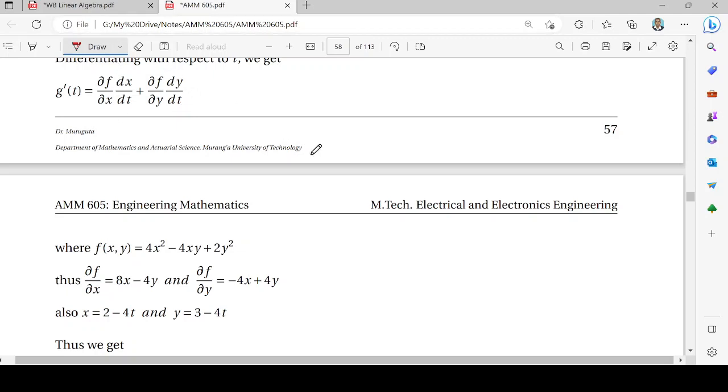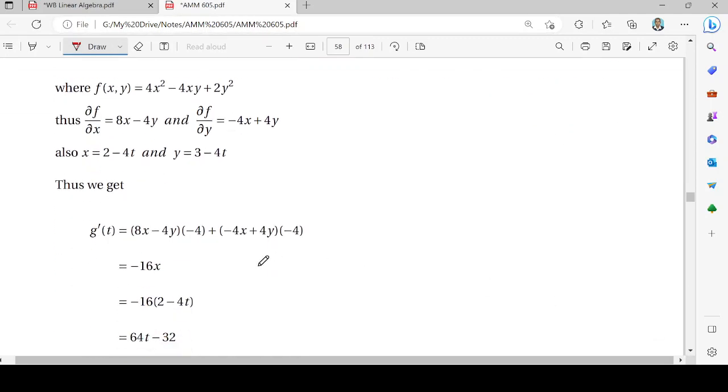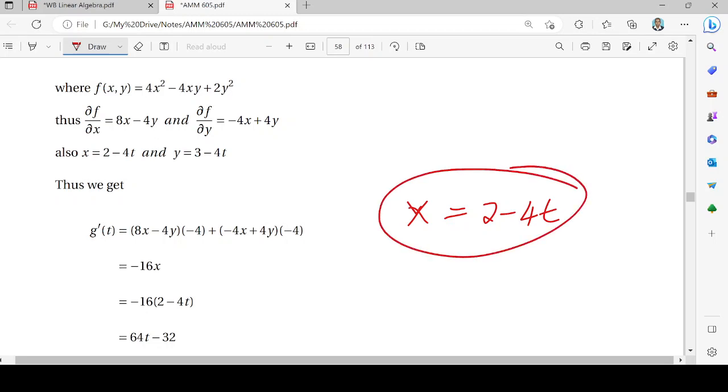We substitute these quantities here and simplify. So g prime becomes negative 16x. But x is known to be 2 minus 4t. It means that we substitute here.